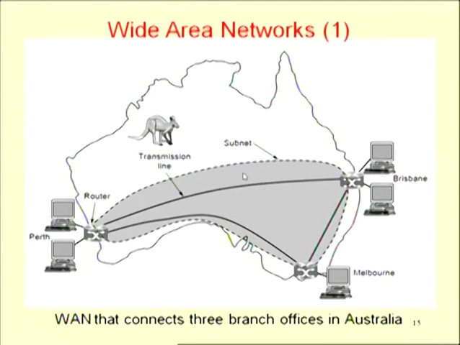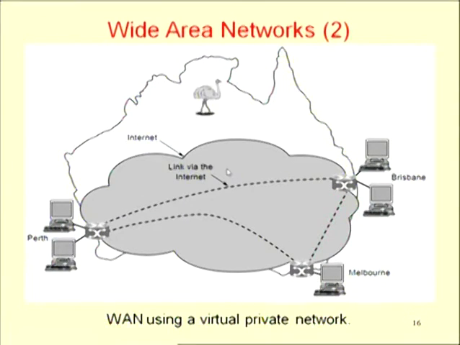So when we are using individual transmission lines, it tells us that dedicated connectivity is there between this router and this router. But in the other figure, dedicated connectivity is not there between these two routers. Instead these two routers are connected via the internet. It means that the line between these two is not dedicated for them only. So any other persons connected on that line may as well be using those lines.